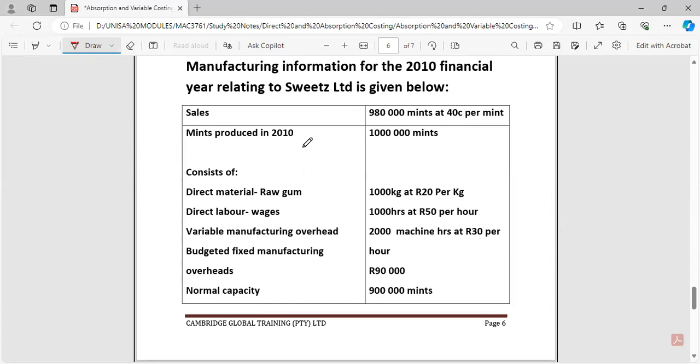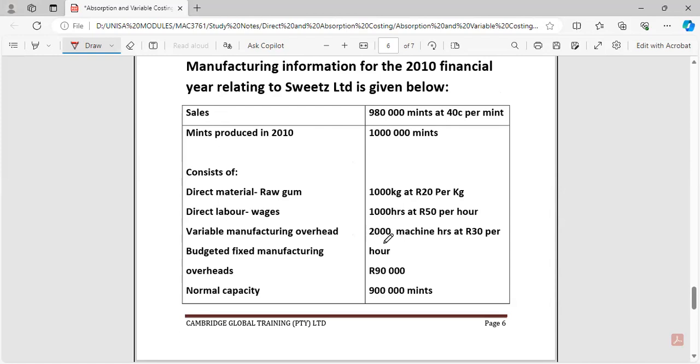So they give us the sales, they give us the production, they give us direct material, direct labor. So here it's straight.